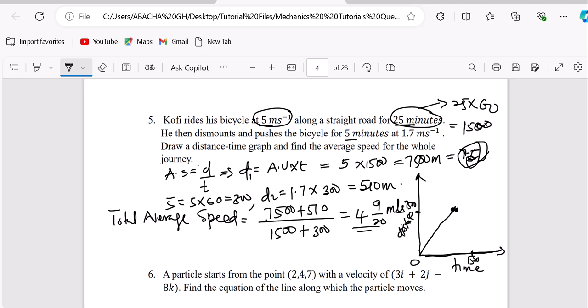So let me indicate somewhere here, adding some 300 units to it, and maybe we'll get to this point or so. So you get another line from this point like this.